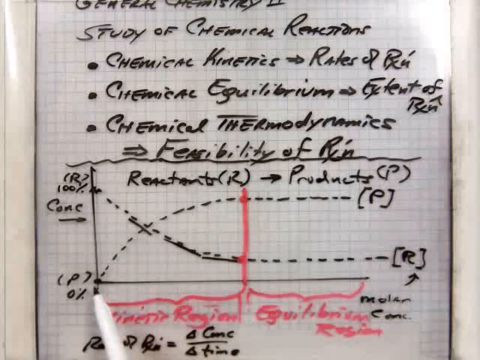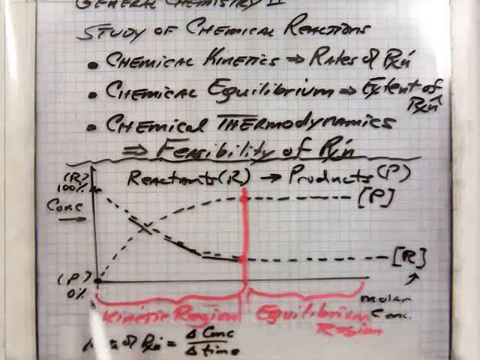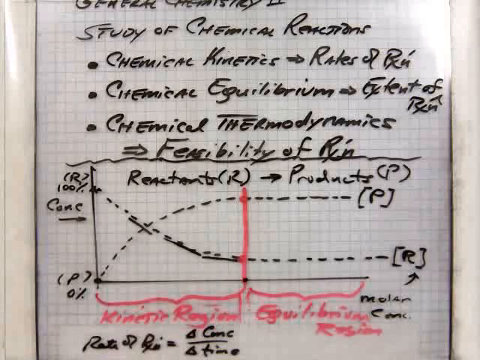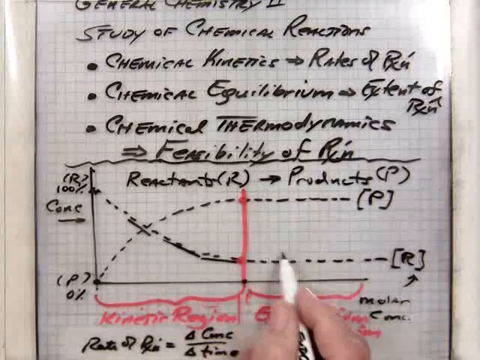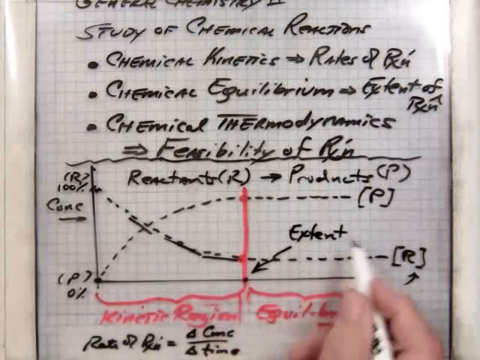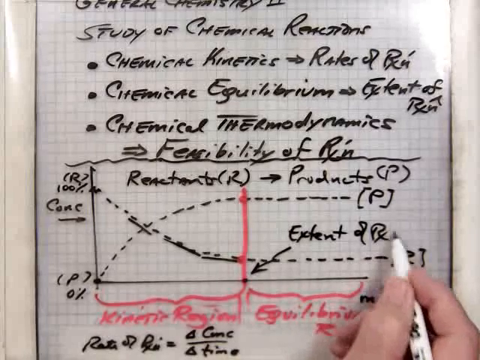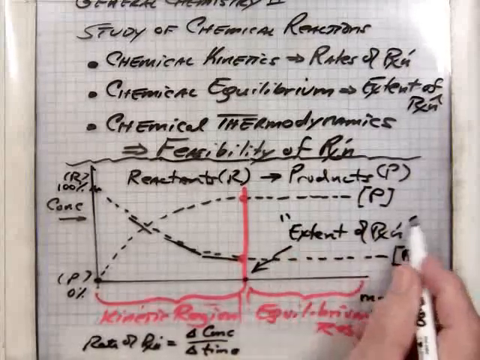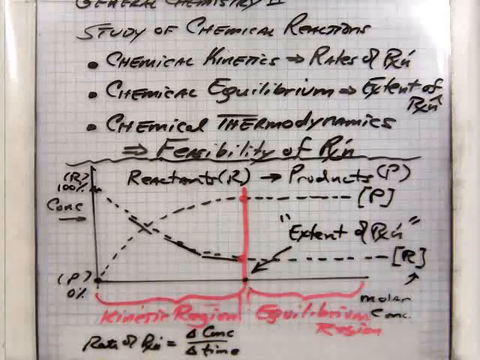Now the distance between zero and the equilibrium point is called extent of reaction. The extent of reaction point is the point at which the equilibrium principles take over.